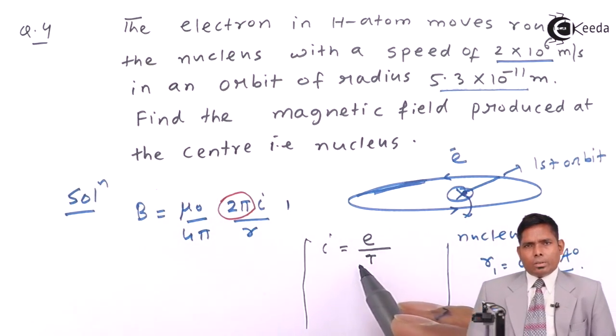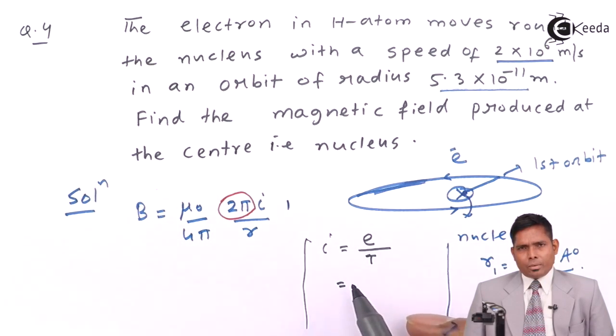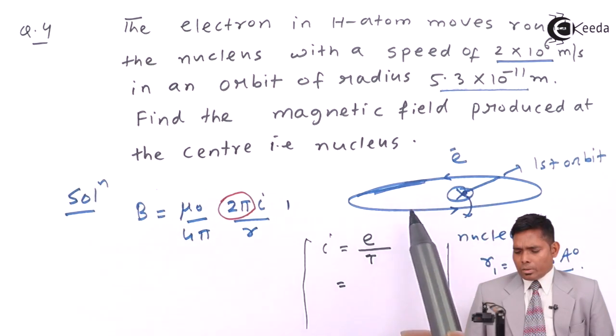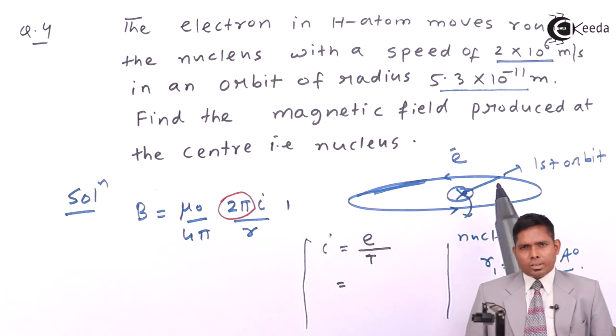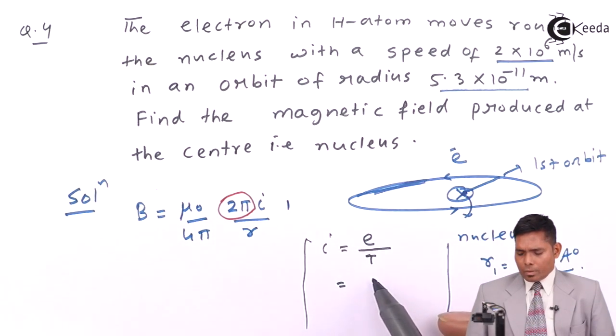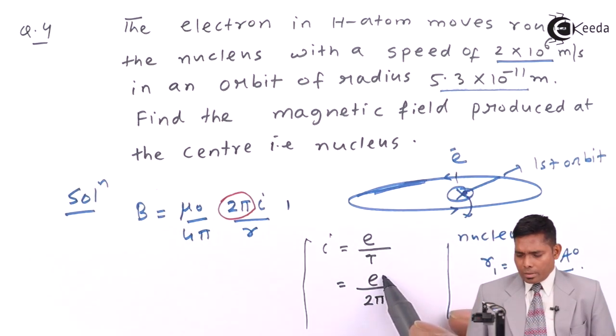That is the time period of the revolution of the electron. But how to find the time? The velocity is distance upon time, the speed with which it covers. Distance is 2 pi r divided by time. So time is distance by speed. Time is the distance it covers in one rotation, 2 pi r, divided by speed.